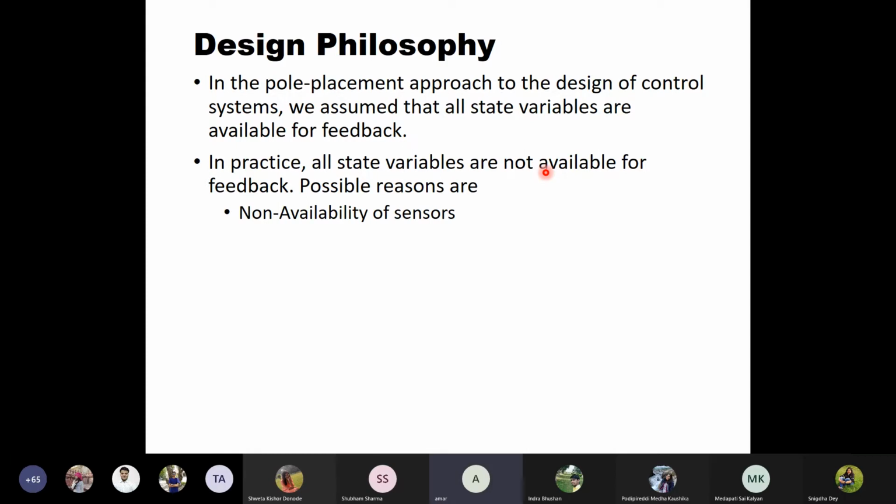That's not that we do not have the hardware to measure it, but for economic reasons, it's not practically feasible to measure all the state variables.